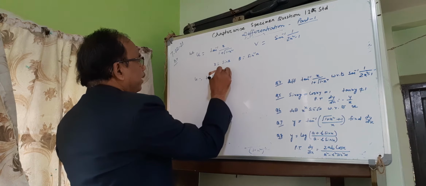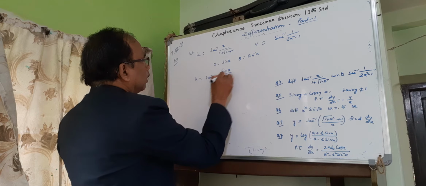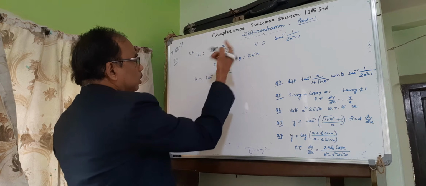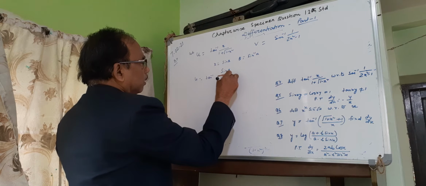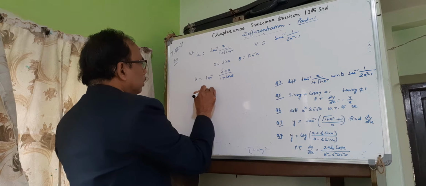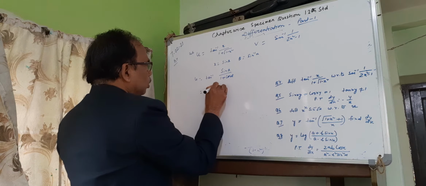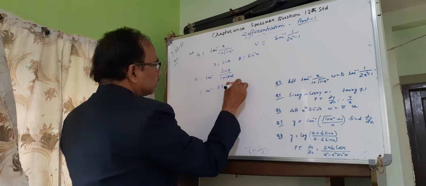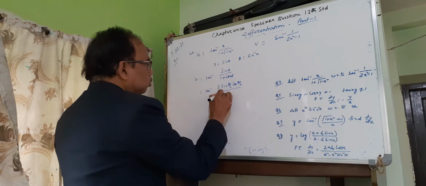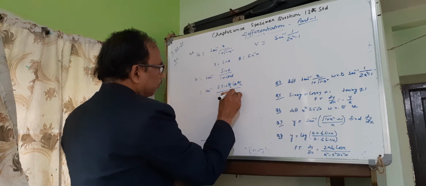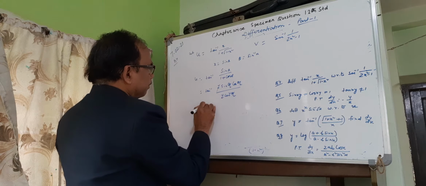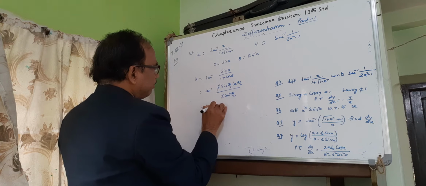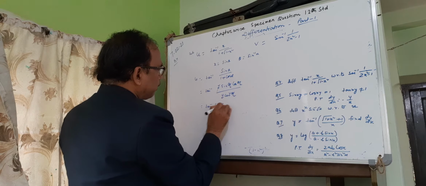So this will be sin theta by 1 plus 1 minus sin square, cos, so that is only cos theta, equals tan inverse 2 sin theta by 2 cos theta by 2. 1 plus cos theta is 2 cos square theta by 2. That is tan inverse cot theta by 2.